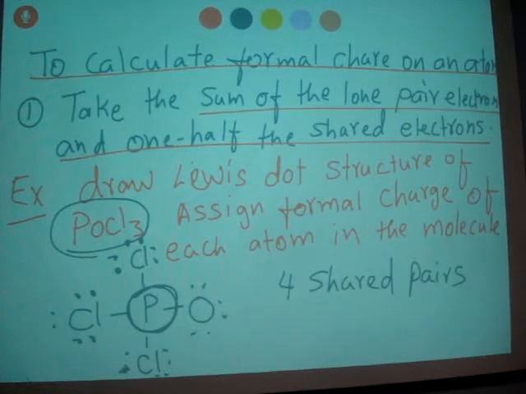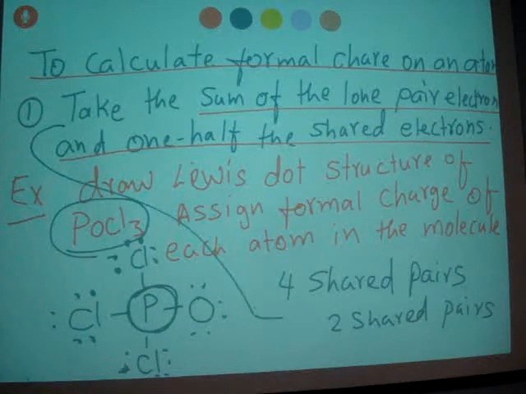And 1/2 of the shared electrons, so we can say 2 shared pairs, according to these steps. Now let's go to the next step.